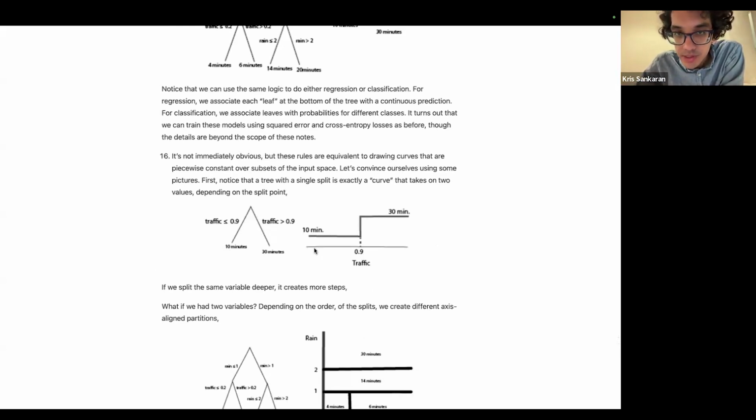This is equivalent to drawing one dimension that's the traffic dimension, and then having a curve that's just two values, right? So it's 30 when it's high traffic, and it's 10 when it's low traffic. And how do I define high versus low traffic? I use 0.9 as my cutoff. And so in a sense, there's an equivalence between this tree and this one-dimensional curve.